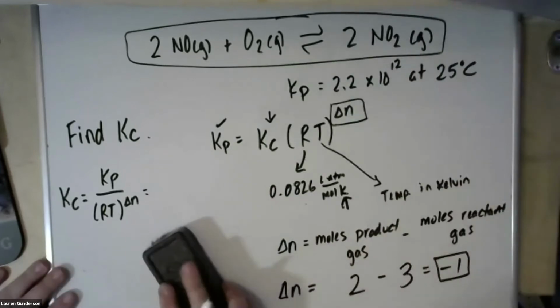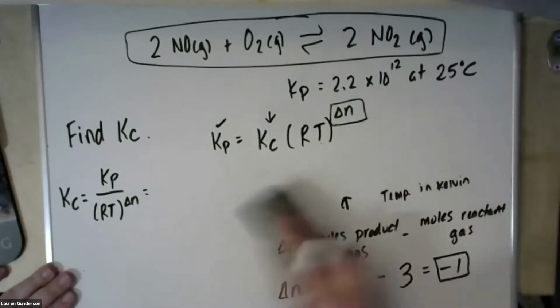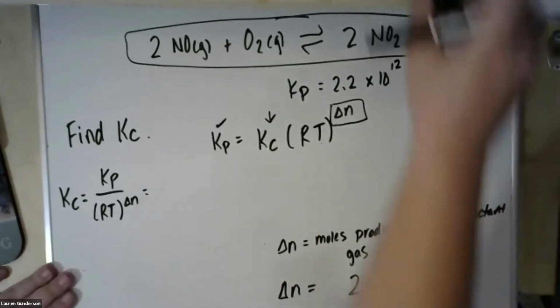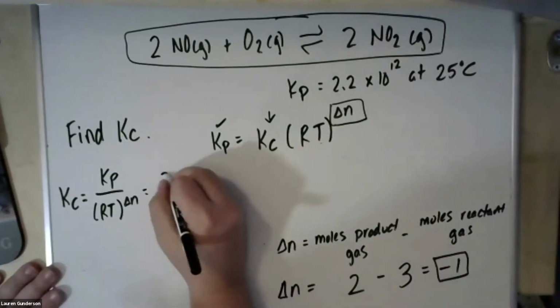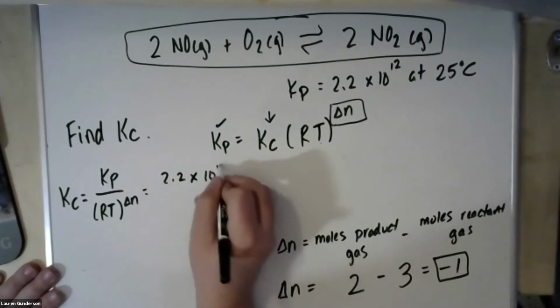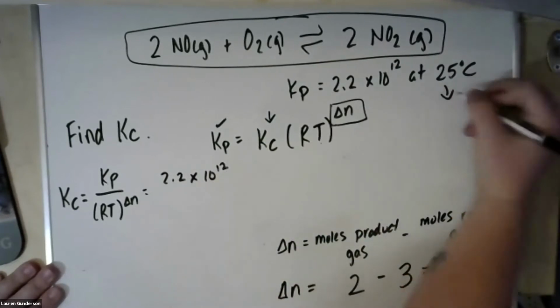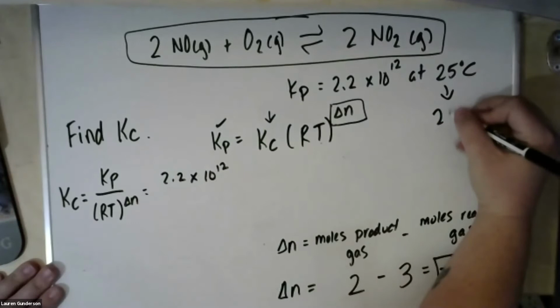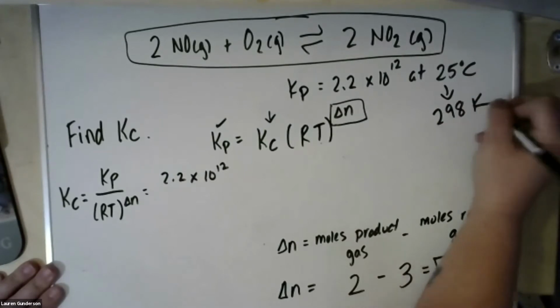So let's erase some of this. We know that Kp is 2.2 times 10 to the 12. We know that 25 degrees Celsius, if we add 273 to that, we'll have 298 Kelvin.